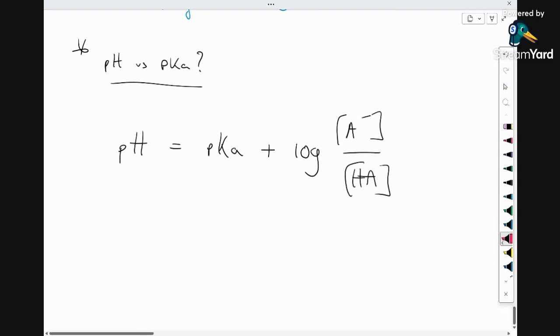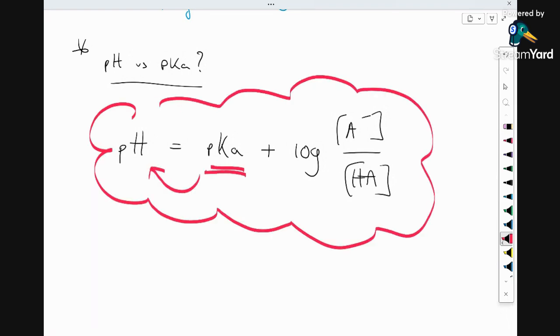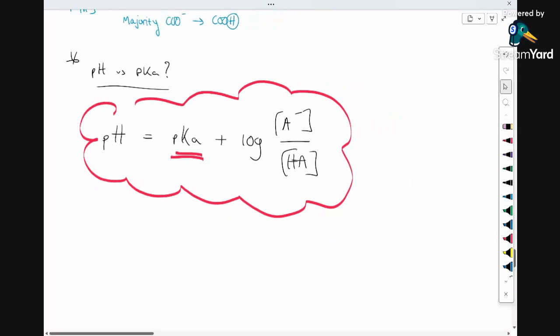Okay, this equation links your Ka to pH, and if you know the pKa value of your particular acid and you know the concentrations of your dissociated and undissociated form, you can calculate the pH of the solution.